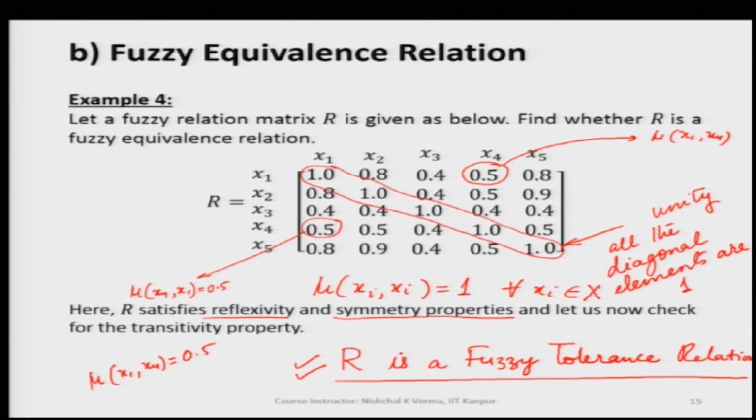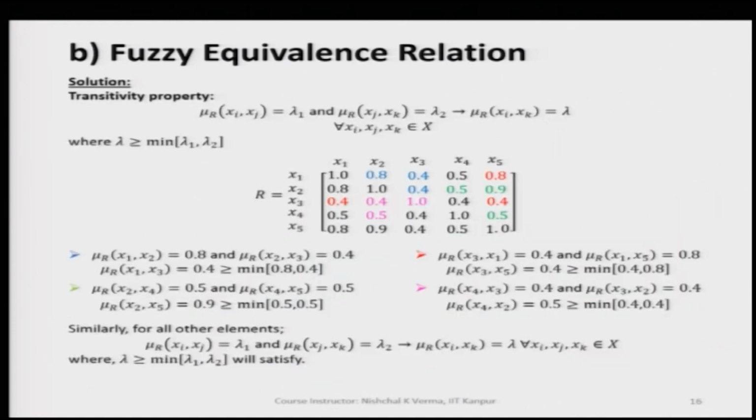So, since the given fuzzy relation set capital R is a fuzzy tolerance relation, now we can move forward and check for the third property, that is transitivity property.